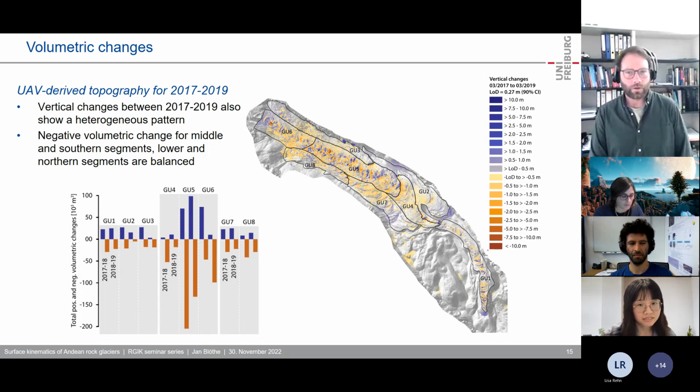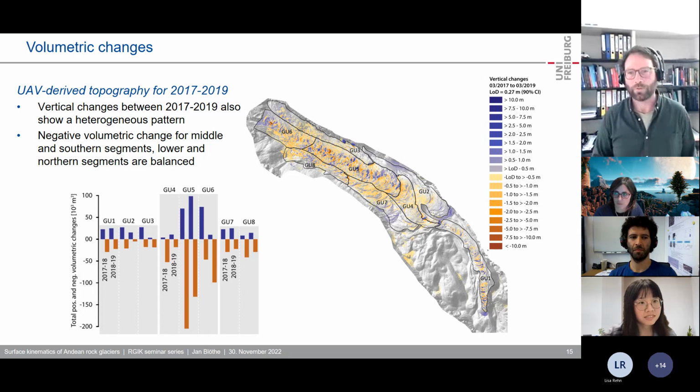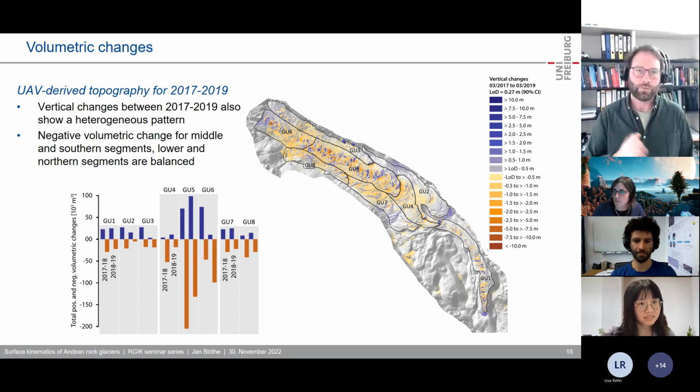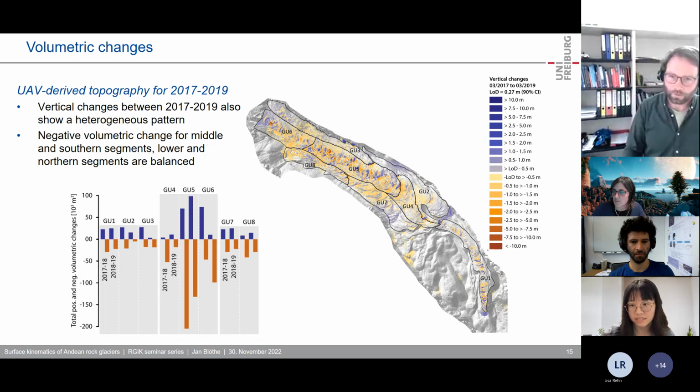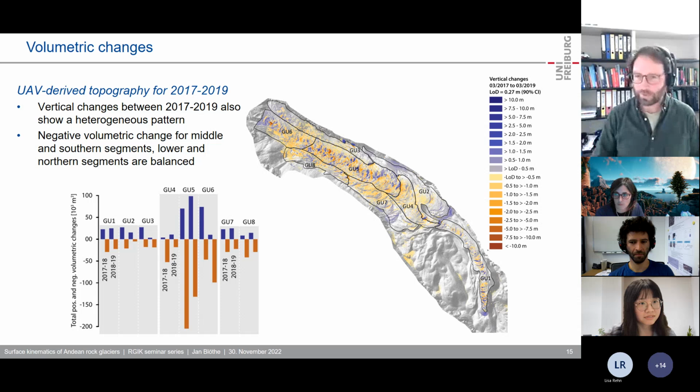We can use our UAV-derived DEMs to subtract them from each other and say something on vertical or volumetric changes between 2017 and 19. What you see here is the lower part of this Morenas Coloradas ice debris complex or glacier-connected rock glacier. And it's quite interesting, and this echoes a bit what you were saying.